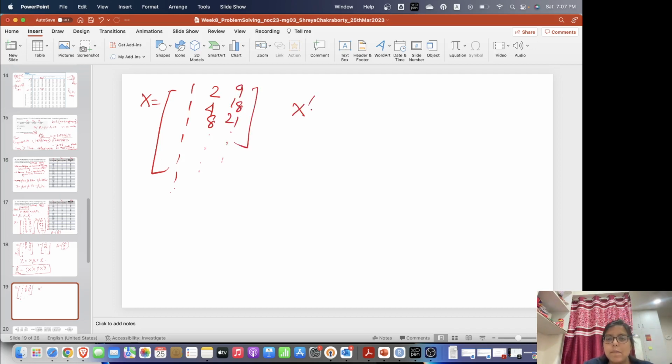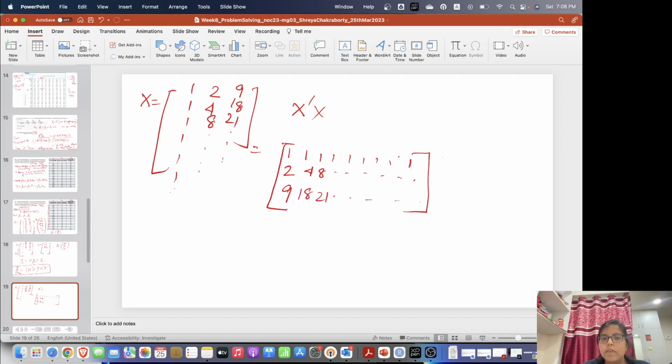So x prime x would be the transpose: here I'll have 1 1 1 1 1 20 times, then 2 4 8 and so on, then 9 18 21 and so on, and we'll multiply it with the original x matrix: 1, then 2 4 8 and so on, 9 18 21 and so on.